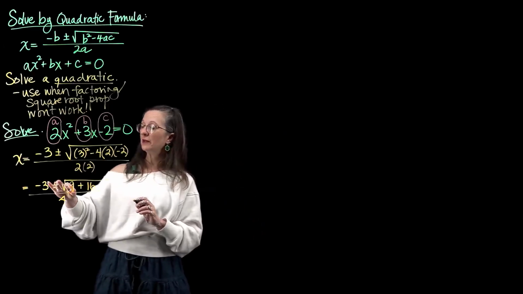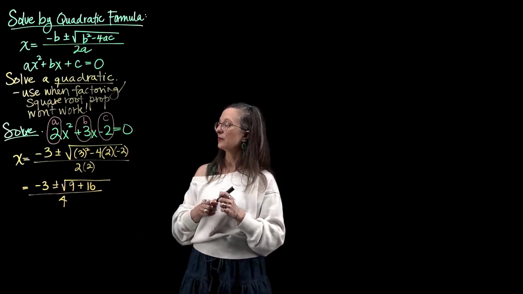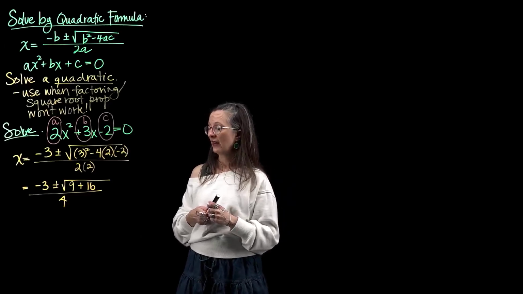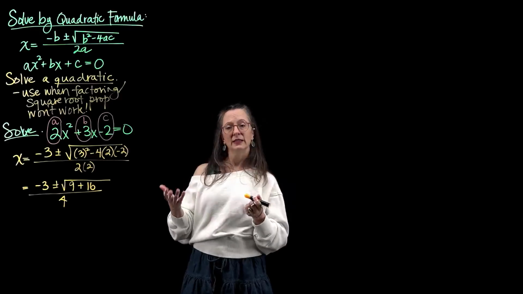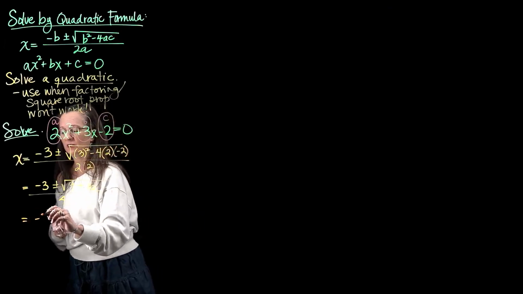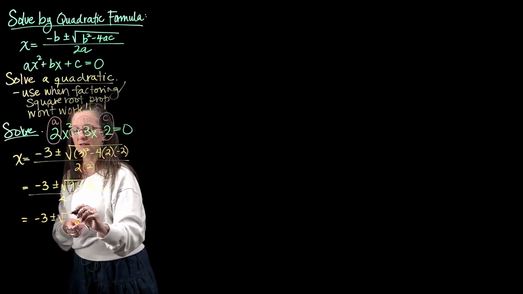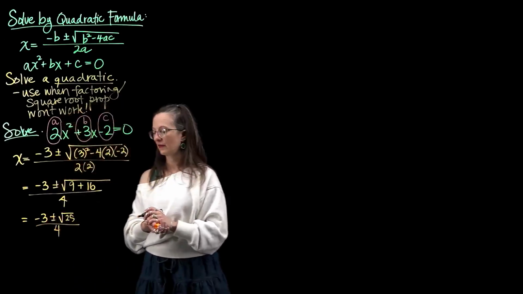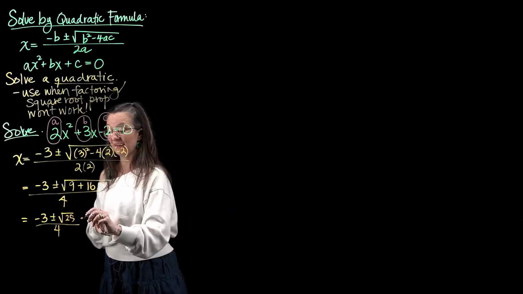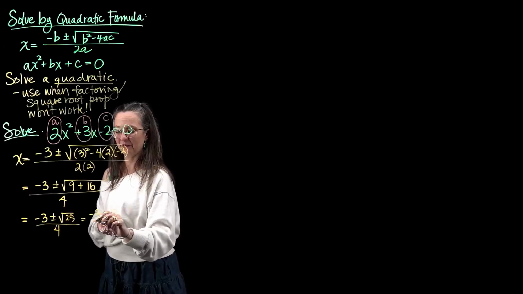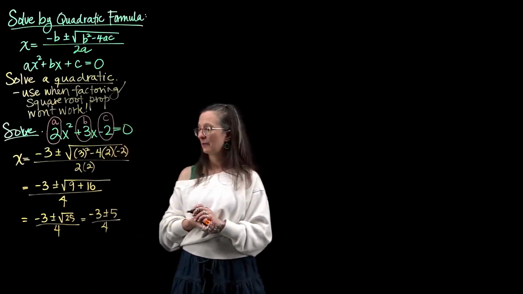So negative 3 plus or minus square root of 9 plus 16 divided by 4. All right. Inside that square root, 9 plus 16 is equal to 25. So negative 3 plus or minus square root of 25 over 4. Well, square root of 25 is just 5. So negative 3 plus or minus 5 over 4.